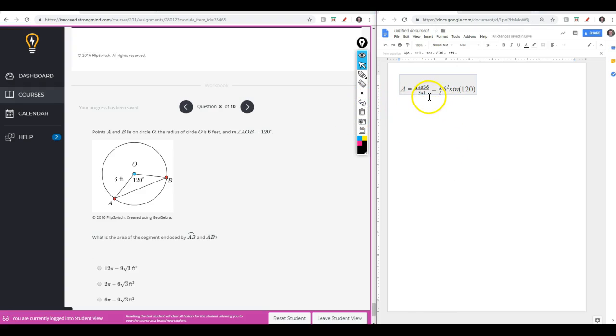So now 1 times pi 36, well, that would just leave us with pi 36, and 3 times 1 is 3. I know that 36 could be rewritten as 3 times 12. Then notice here that I have a form of 1 because 3 divided by 3 creates that form of 1.